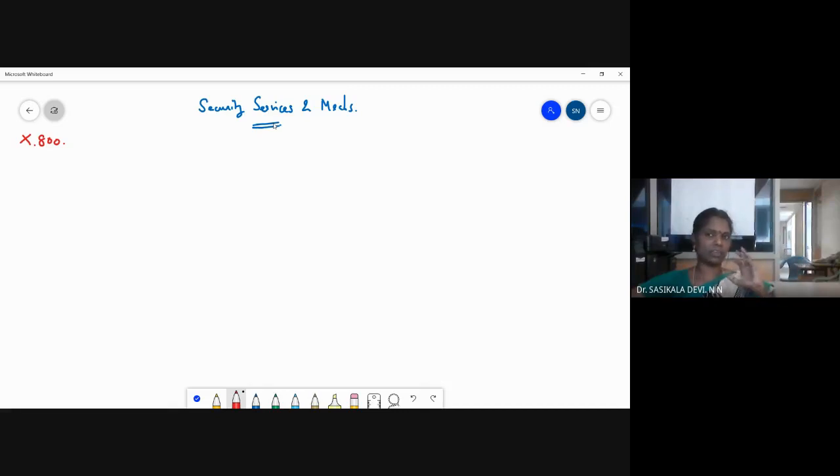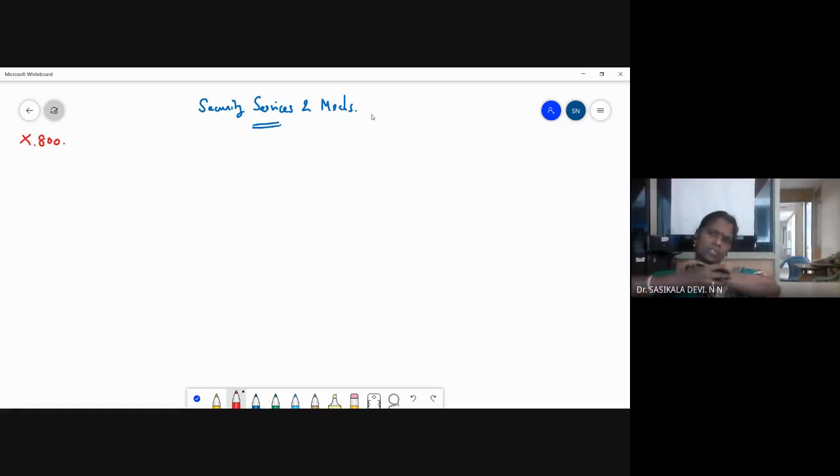The sender applies the encryption algorithm, and the receiver applies the decryption algorithm. So here, what is the mechanism? RSA is a mechanism. What is the service? Network data security in transit. Data in transit security. That is the difference between services and mechanisms.